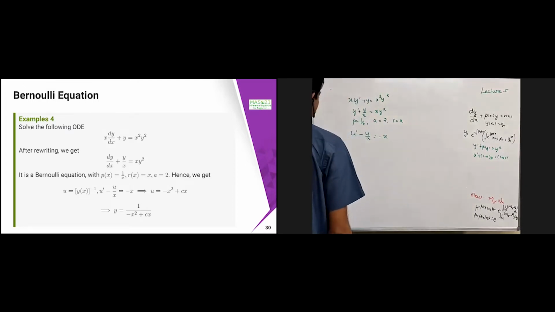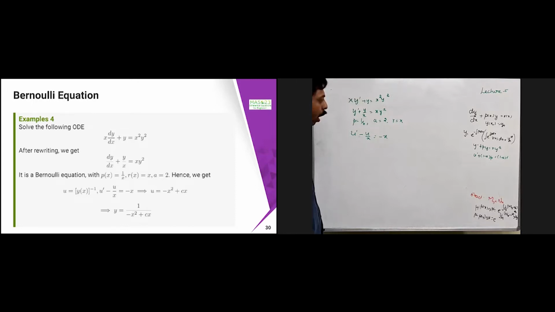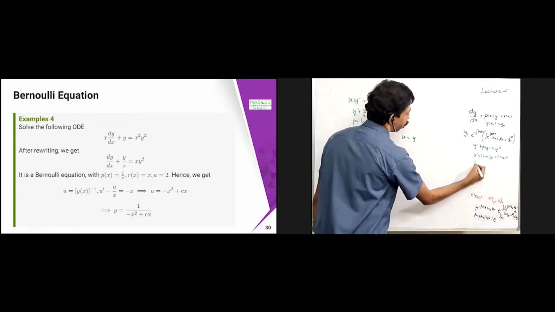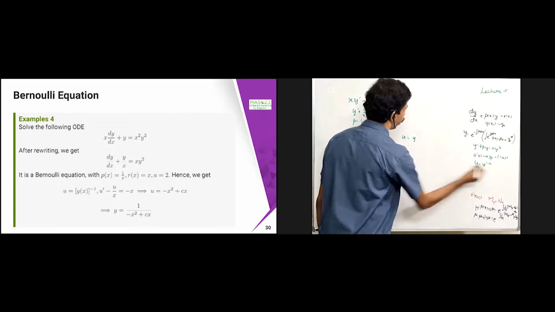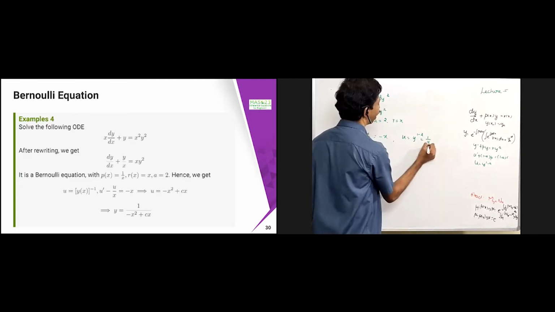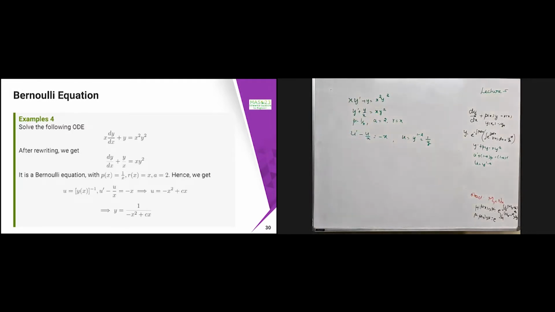So I can just find the answer for this problem. Okay, so what is it going to come if you solve this problem? And what is your u also I can write it. U is nothing but y power 1 minus a. So y power 1 minus 2, which is nothing but 1 by y. Okay, so you solve this problem.